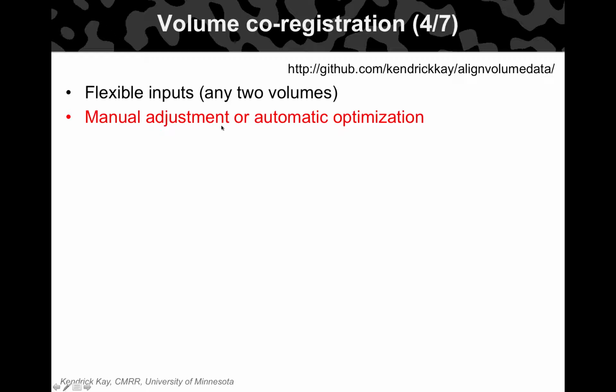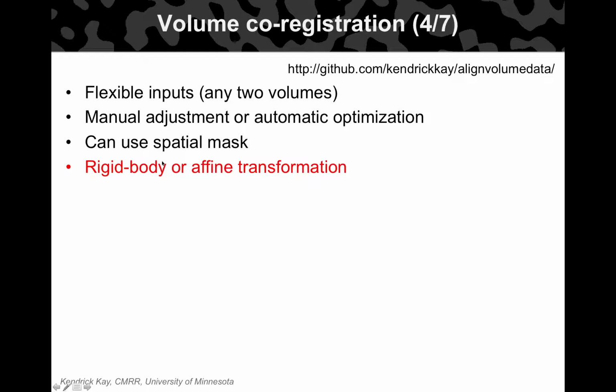We want both manual and automatic optimization, restricting the optimization to only the parts of the volume that you care about, because in EPI data there are a lot of artifacts. You might want to avoid the scalp or dropout regions, so you can simply supply a spatial mask.